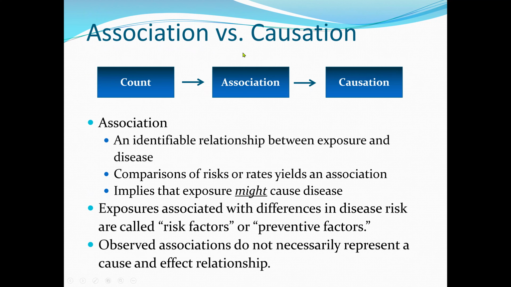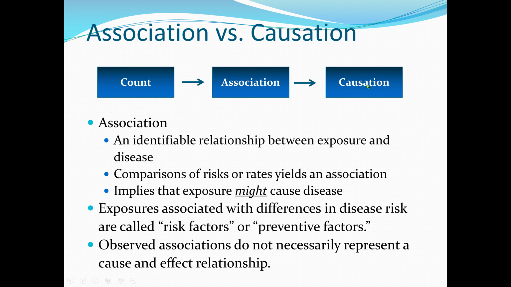Association versus causation. First, we start with counting. Counting may lead to association. Association means we want to find out if there's a relationship between the risk factors and the outcome or the disease. Then the final stage, which is our main goal as epidemiologists, is to find out the causes of the disease or the outcome.